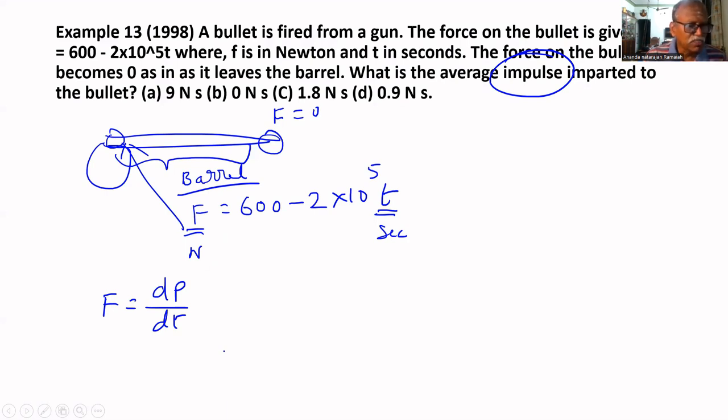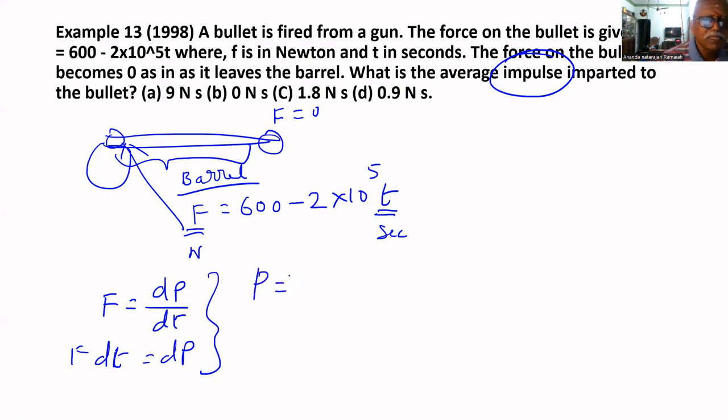But the average impulse imparted is asked. That's why we multiply dt on both sides. We get F dt equal to dP. The momentum P is the impulse. P equal to integral of F dt. Because F is given, we have to find P to find impulse.